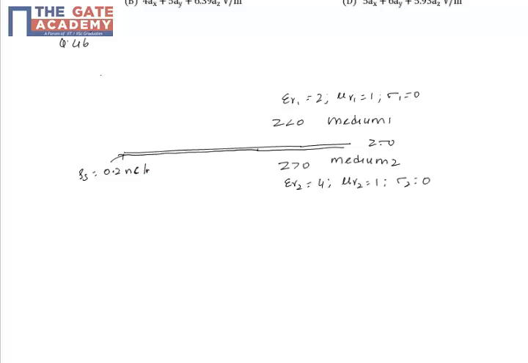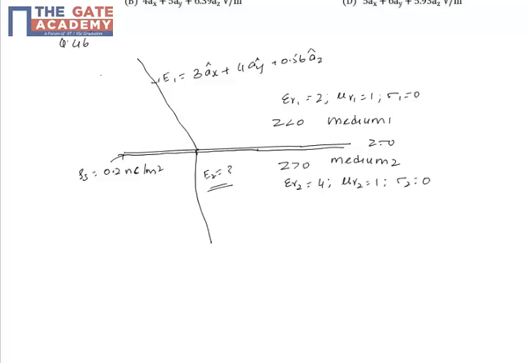nanocoulombs per meter square. So we have two boundary conditions for these sort of problems. For example, let us consider our electric field intensity E1 is equal to 3ax bar plus 4ay bar plus 0.56 az. If we consider the propagation in the medium 2 as E2, we have to find this one.